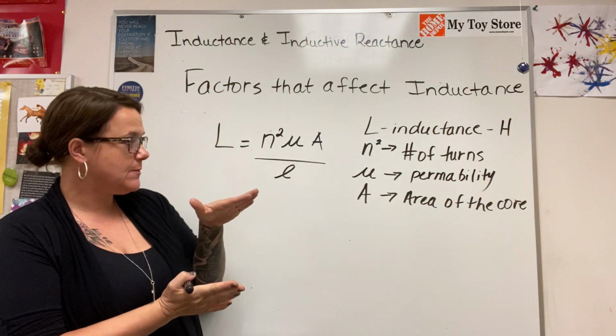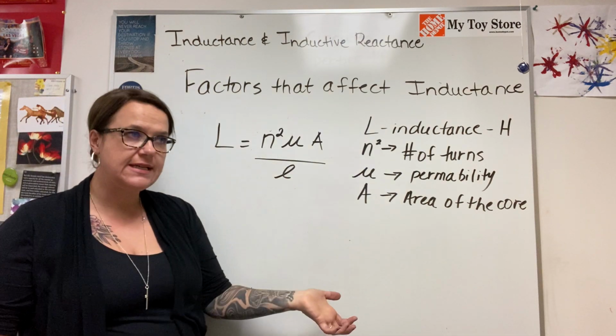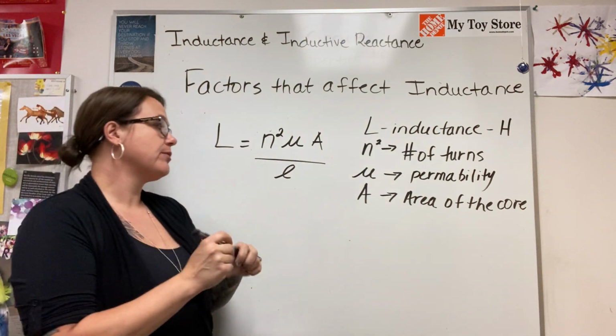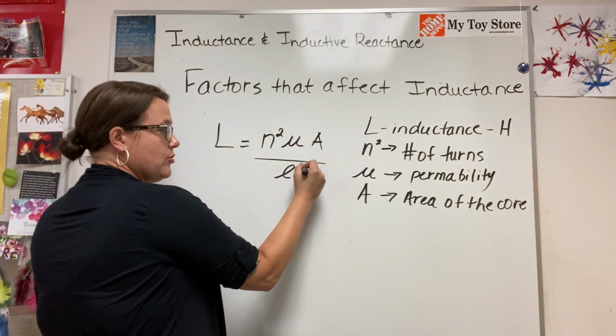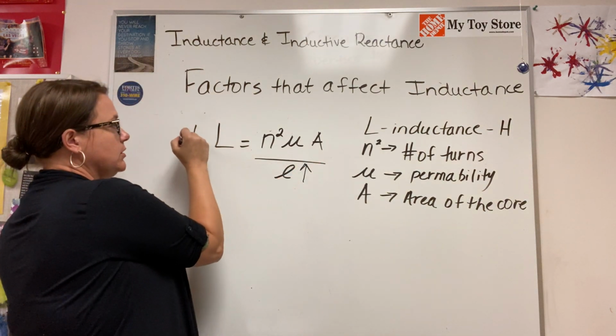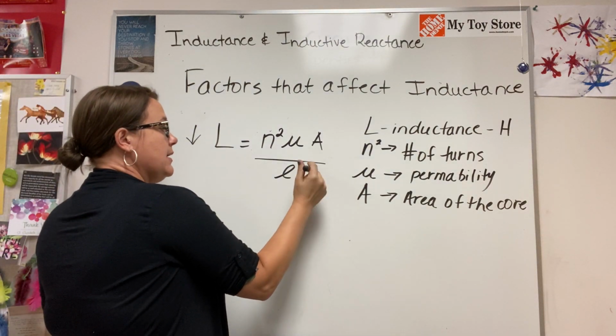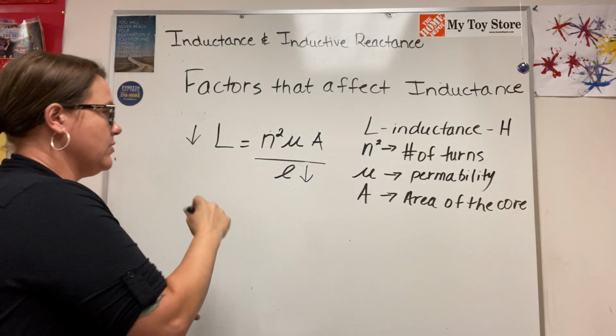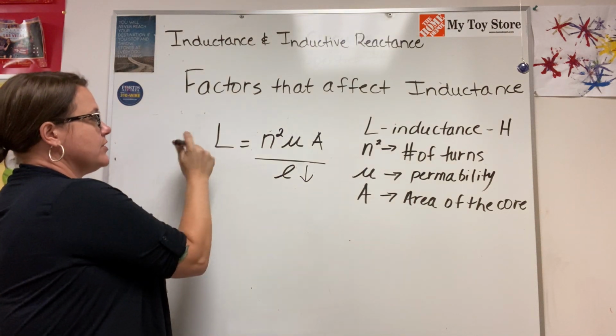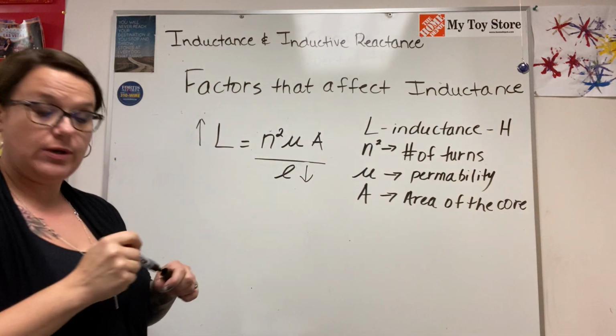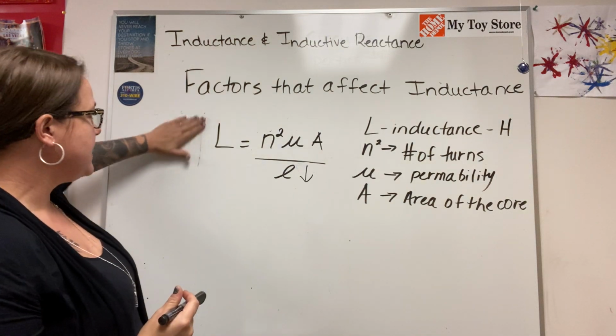So if the space between your armature is increased, you're going to have the reverse effect. So increase in linkage path is going to lower my inductance. If I were to decrease the space between those components, I would have the inverse or the opposite effect. It would increase. So that's quite handy to know.